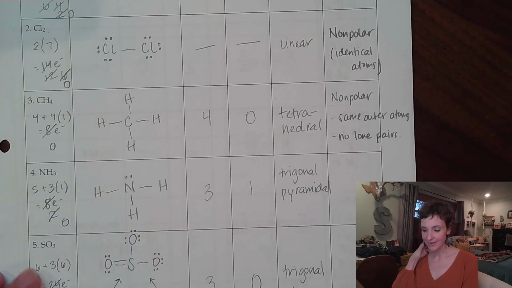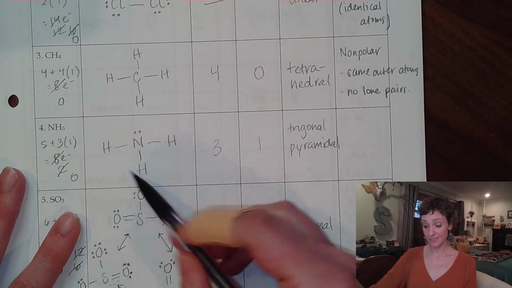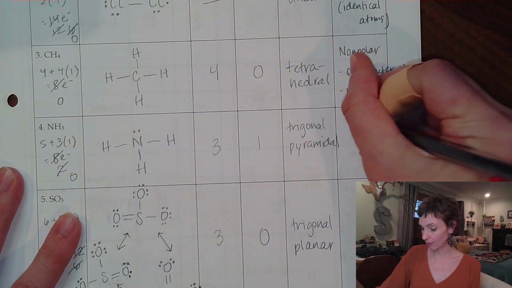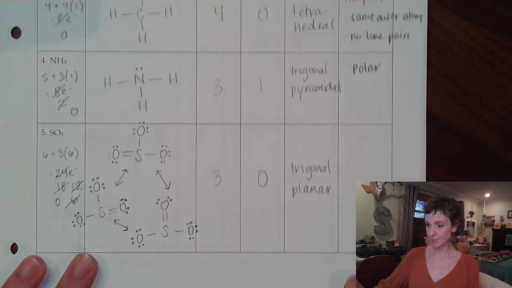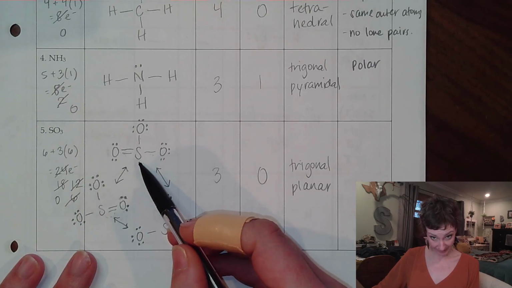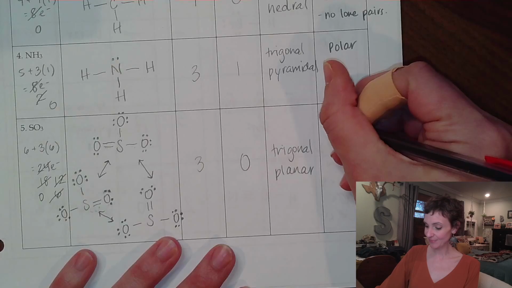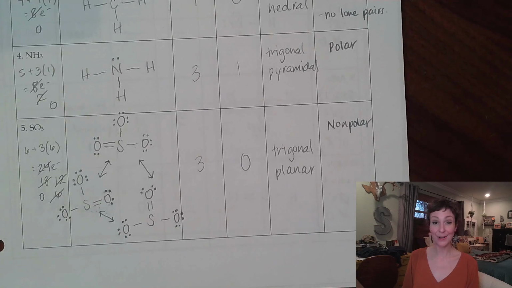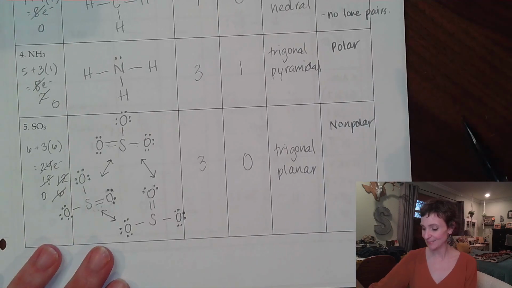Okay. Next up, I've got the same outer atoms, but a lone pair on the central atom. We're polar. Next one, same outer atoms, but no lone pairs on the central atom. Nonpolar. See how it's all about what's going on with the outer atoms and the lone pairs on the central atom, right?